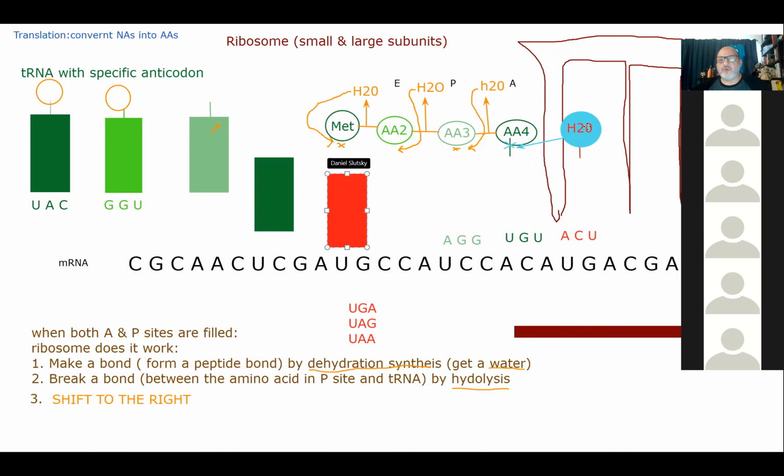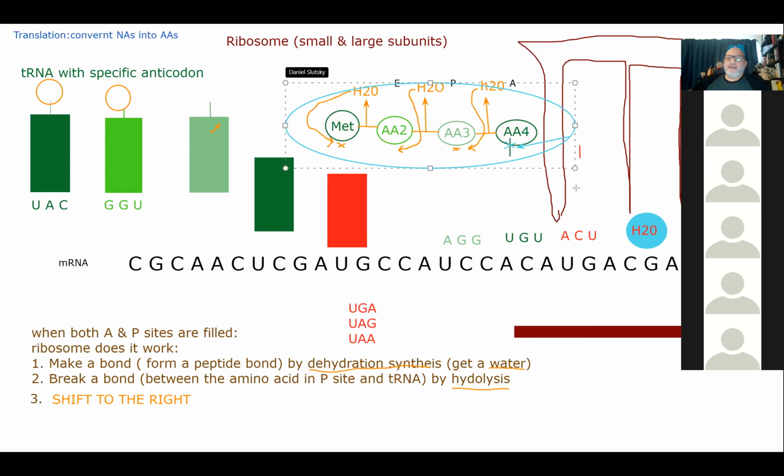And what we're left with is our completed sequence of amino acids. And this completed sequence of amino acids, as you just pointed out, is going to go to the Golgi apparatus to be modified and folded into a fully functional protein. Questions on this process?